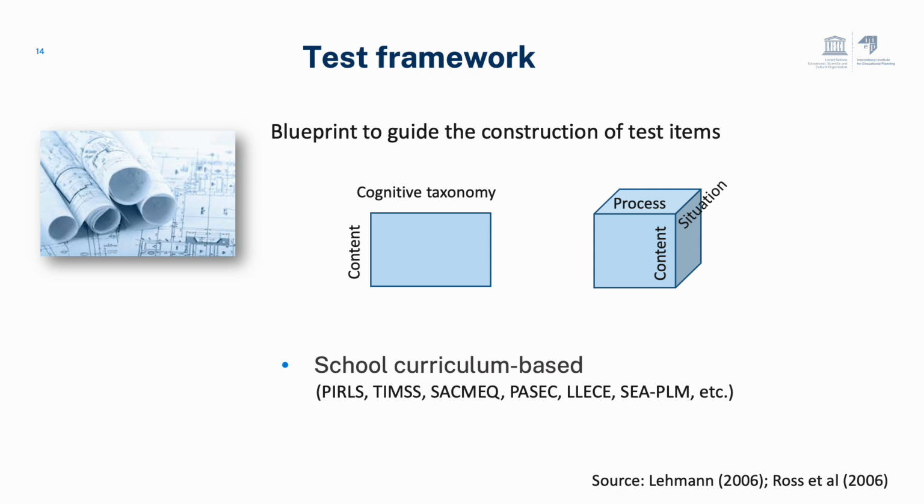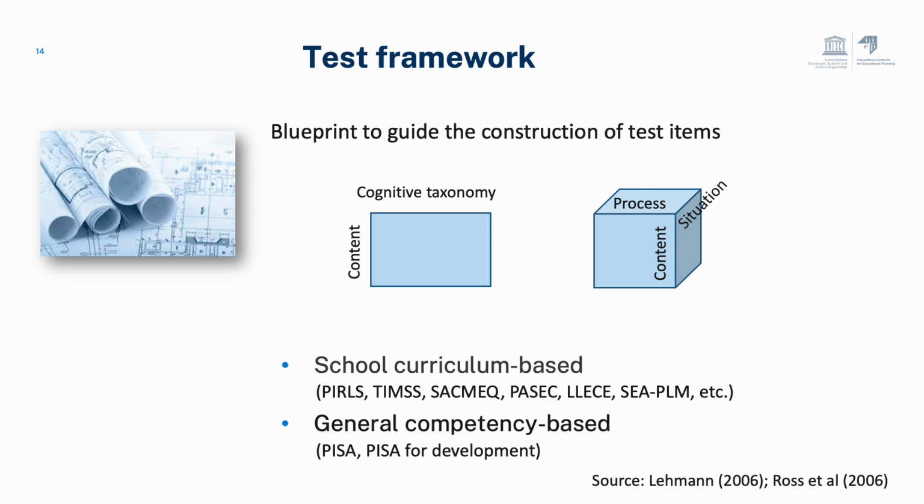Most of the cross-national studies use the official core curriculum. For example, the framework used in TIMSS, PIRLS, PASEC, LLECE, SERCE, and SACMEQ is based on the school curricula of participating countries and is defined by the areas of contents as one dimension and the varying cognitive taxonomy as another dimension for both mathematics and reading.